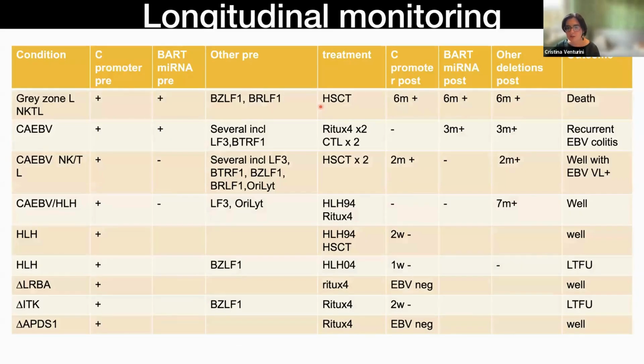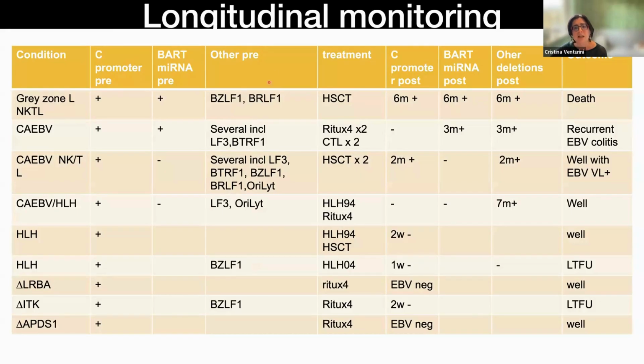So just to summarize these results and look at what happened longitudinally, most of these conditions with a high persistent EBV show deletion in the C promoter and/or in the BART microRNA, and also show deletions in other genes that, however, we don't really know what they mean.